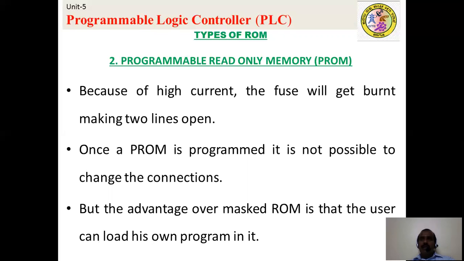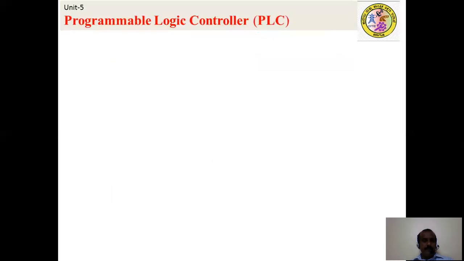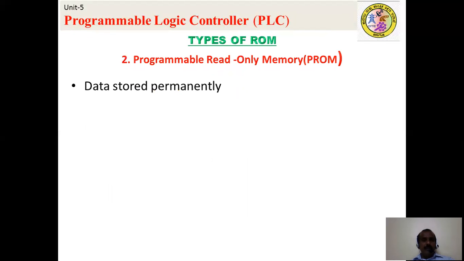But the advantage over MROM is that the user can write his own programs, whereas in MROM, the programs are written during the manufacturing stage itself. The second type of ROM is programmable read-only memory.